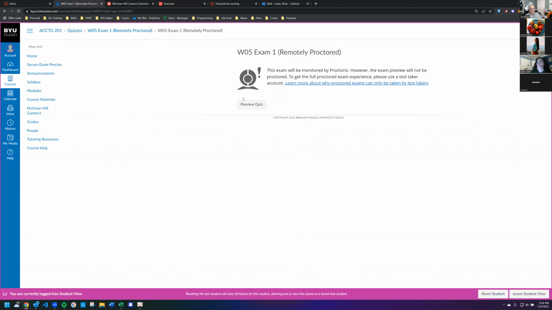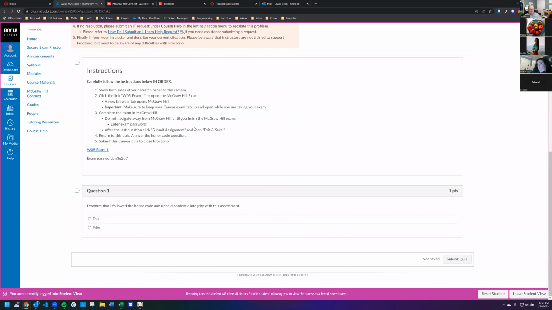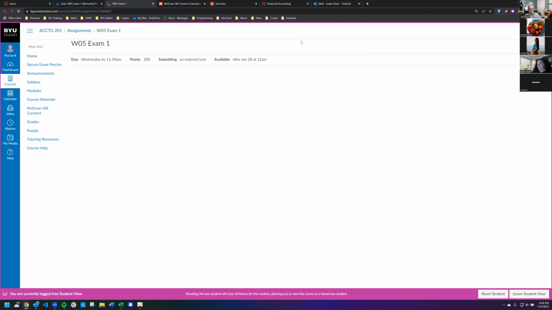By the way, you saw how it had that little temporary moment where it says access code required. If for some reason you get stuck there, that means your Proctorio is not working. Then you should see this exam 1 remotely proctored, and then you hit preview quiz. It'll take you here, click on the exam, and you take the exam.